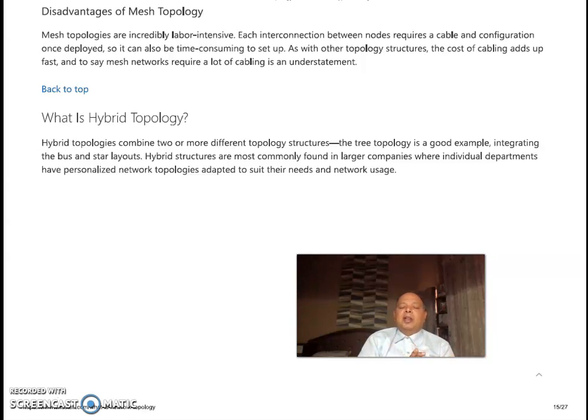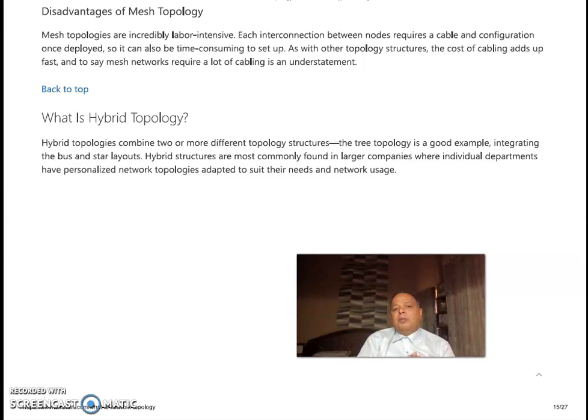You will find it in networking, because whenever you think about deploying a network in a big campus, a big physical space, having one particular topology is of no use. So in that case, you can definitely think about the hybrid topology, and you will find it deployed in larger companies, where there are individual departments. They can be connected with one particular topology, because some departments do not require a large amount of data transfer or more bandwidth, so they can be satisfied with a primitive kind of topology.